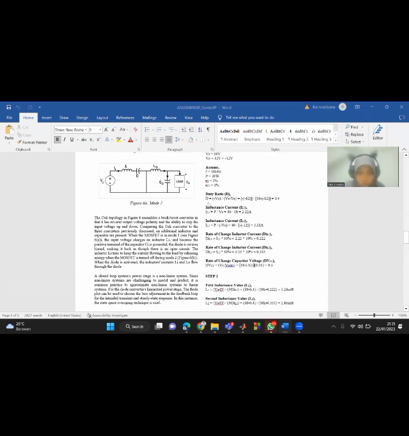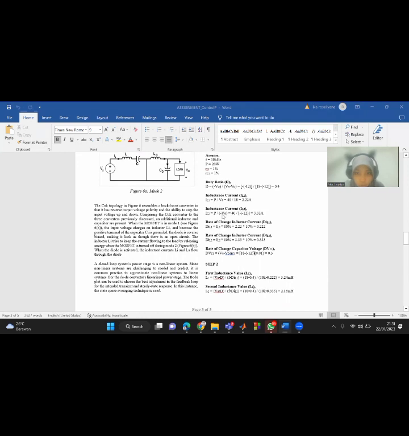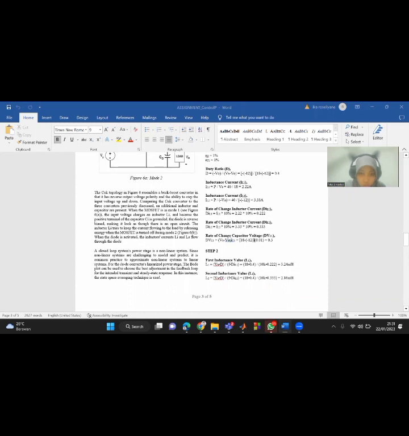Then we calculate the duty ratio. For the duty ratio, we get 0.4. Then for the inductor currents 1 and 2, we search for the rate of change of inductor current, and we get 0.222 for the rate of change of inductor current 1 and 0.333 for inductor current 2.